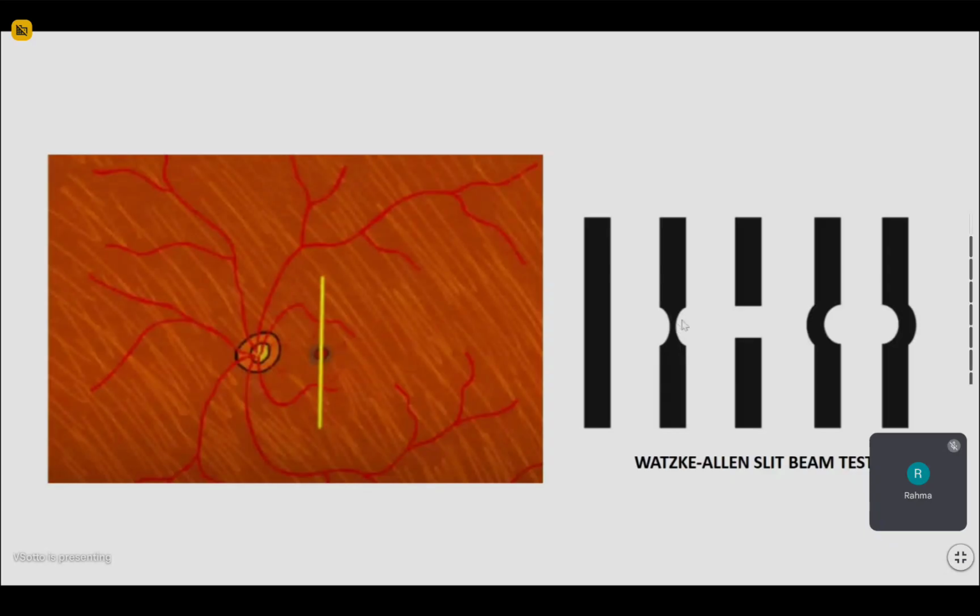The patient would see it distorted centrally like this. So if the patient reports that the line is distorted at the center, highly likely the patient has a full thickness macular hole.